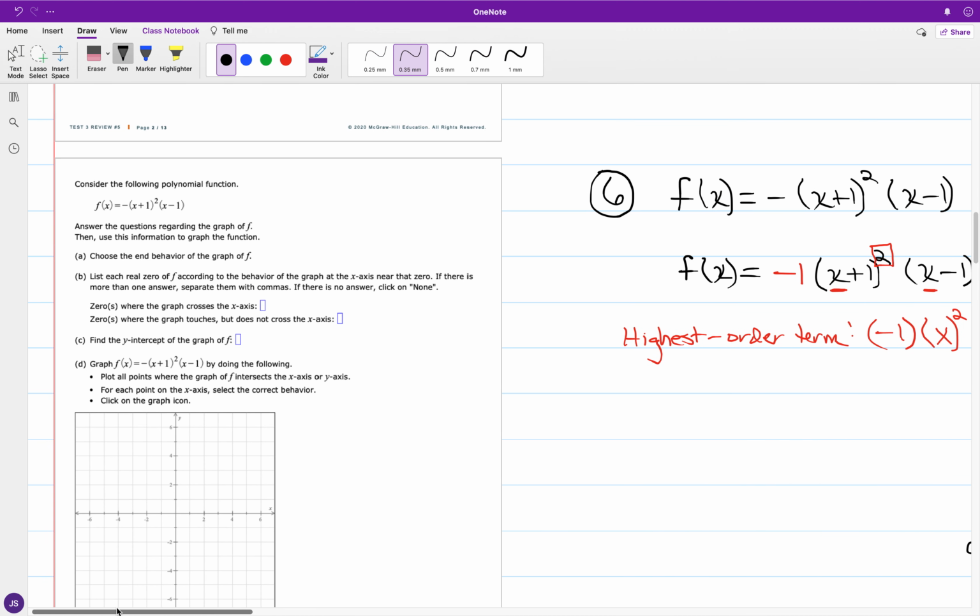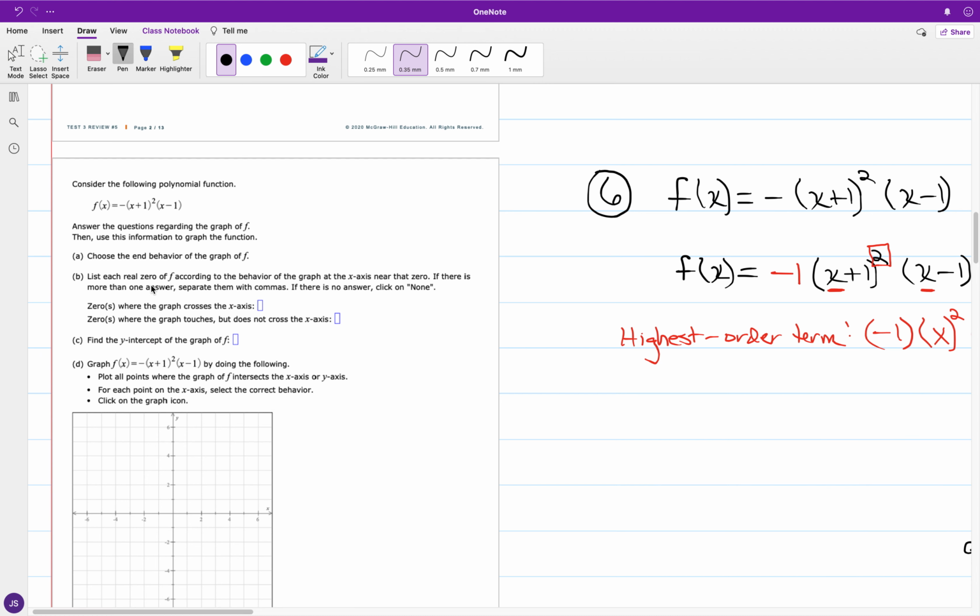Now for what we have next, it says to list each real zero according to the behavior of the graph at the x-axis near that zero. We're looking at identifying the zeros and where the graph is going to cross as well as touch the x-axis.